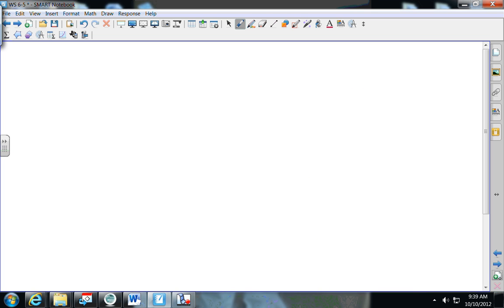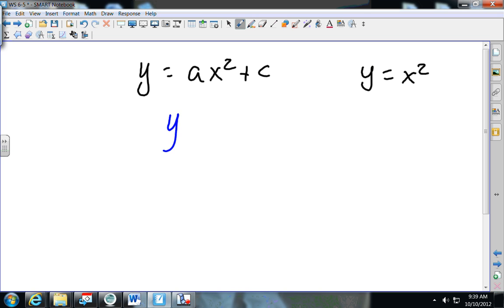Now, we could have y equals ax squared plus c. All right, so I have my quadratic parent function. What if I had the equation y equals 2x squared? The response was it makes it fatter. This does not make it fatter.